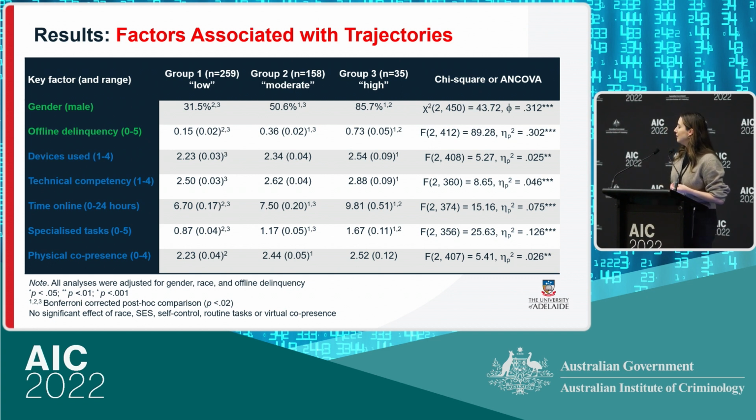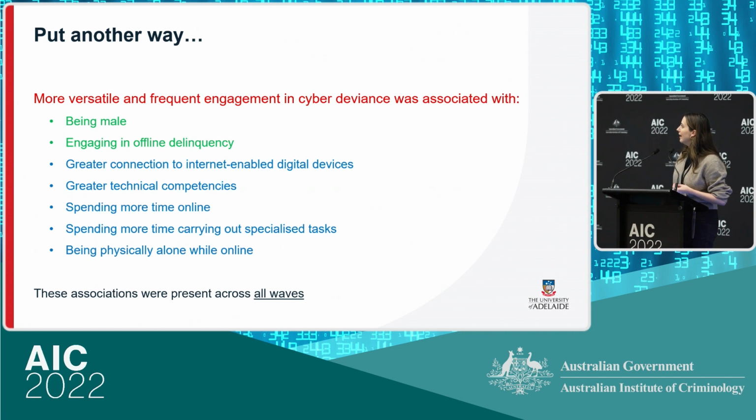To summarise what that shows, those who were engaging in more versatile forms of cyber-deviance and were escalating more frequently, so those in groups 3 and 2 compared to group 1, were more likely to be male.